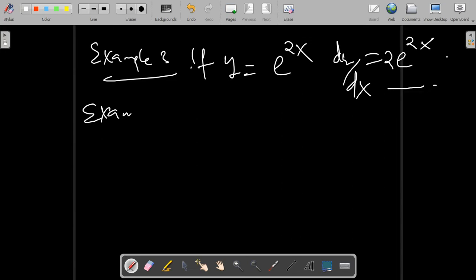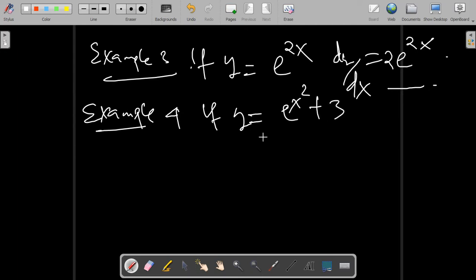Example number 4. You're given that y is equal to e raised to the power of x squared plus 3. From this kind of function, how can we find dy over dx?